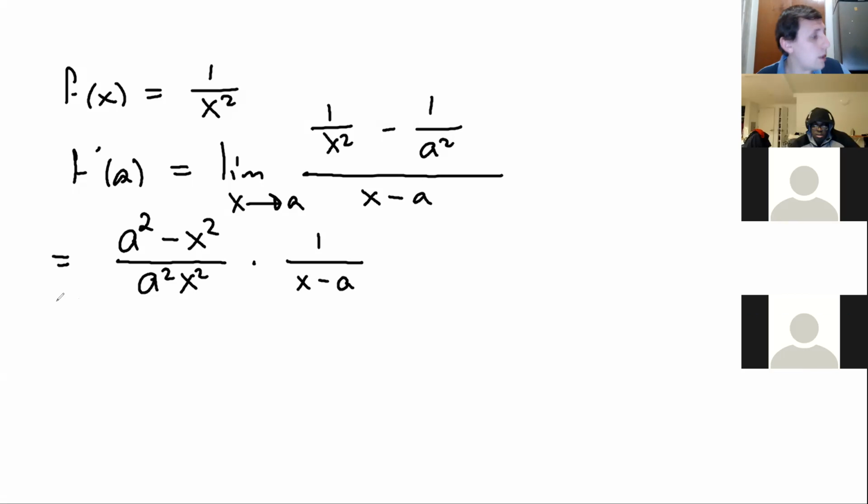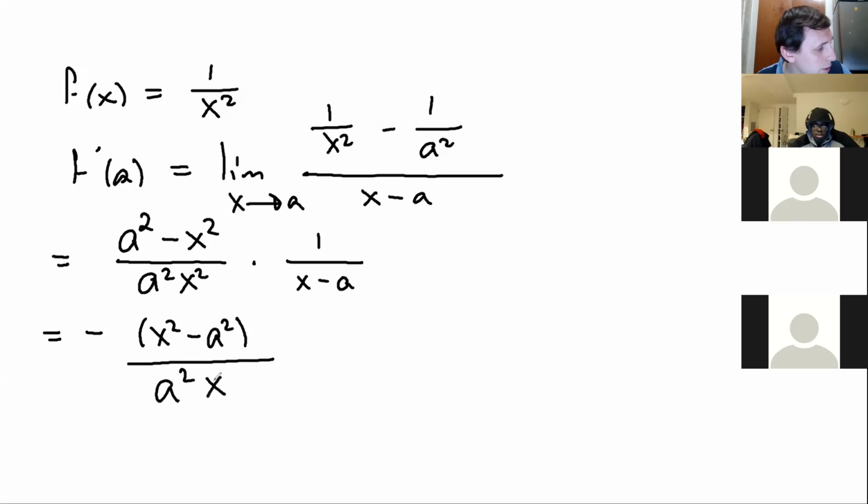Good. Now I can factor out a minus. So look at it. I can write it as minus x squared minus a squared divided by a squared x squared times 1 over x minus a. And then I can factor that further.